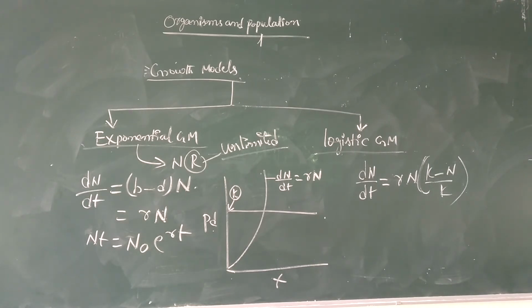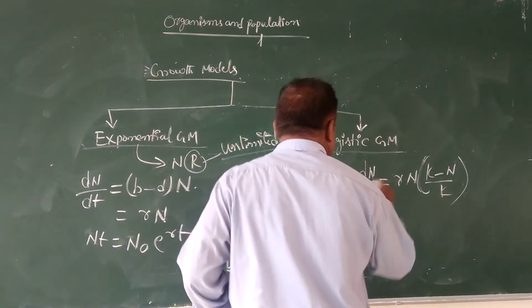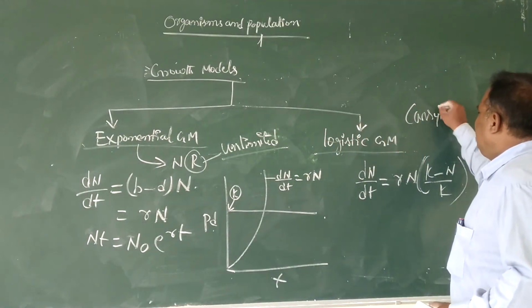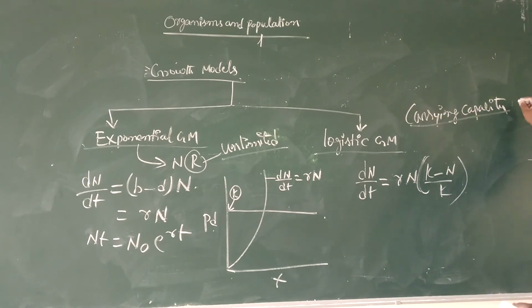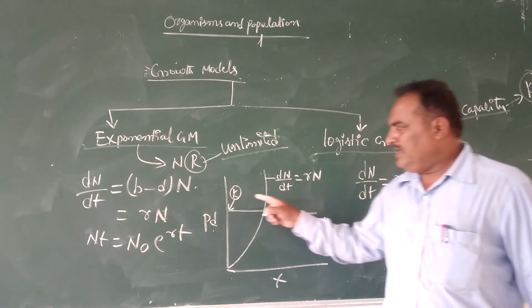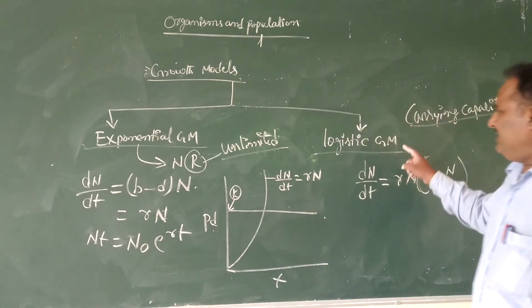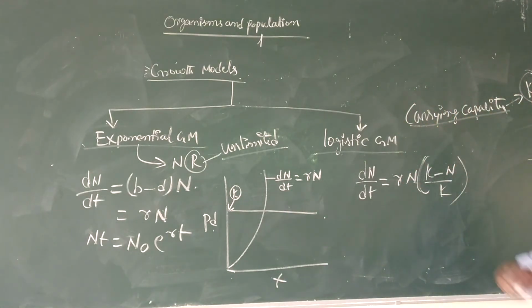That is called carrying capacity, denoted by K. The carrying capacity applies in the case of the logistic growth model.